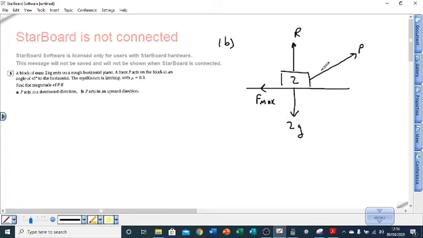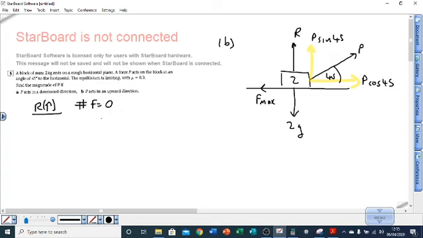Resolving the force into components, a bit's going that way and a bit's going that way. So 45 degrees to horizontal, I'll put that there. That is P cos 45, and the bit going up this time is P sin 45. So again, as we did before, resolving vertically, net force is equal to no acceleration, so it's 0.